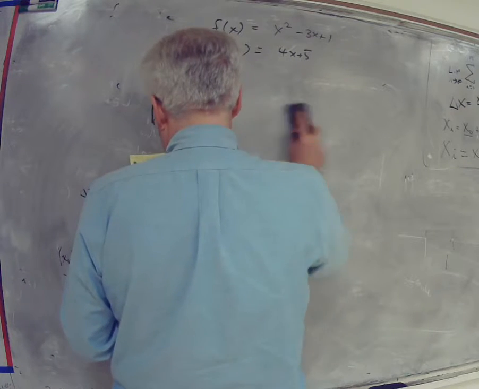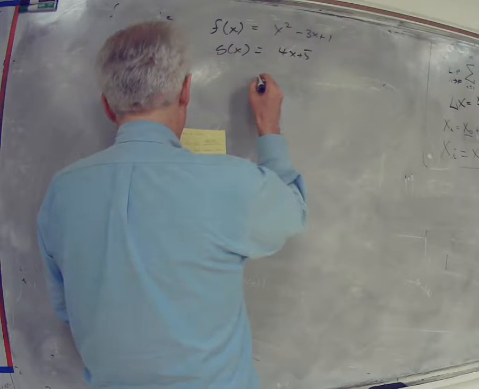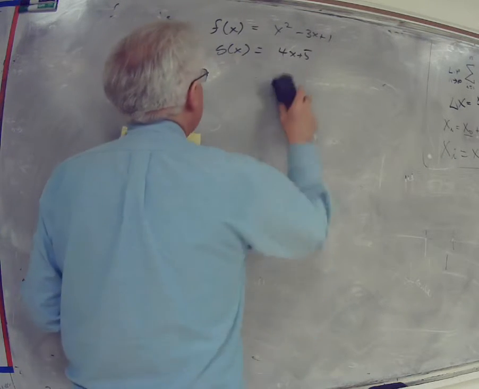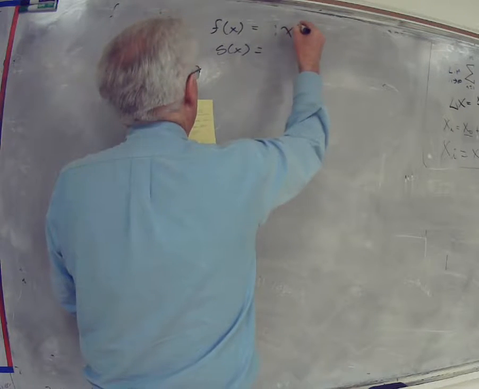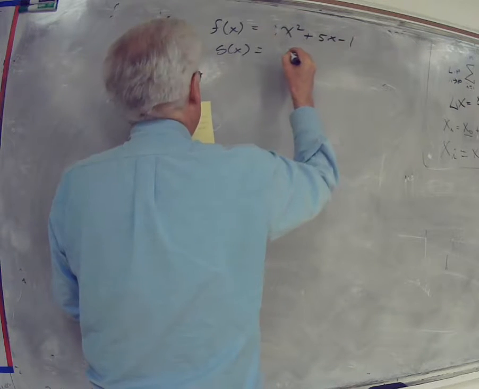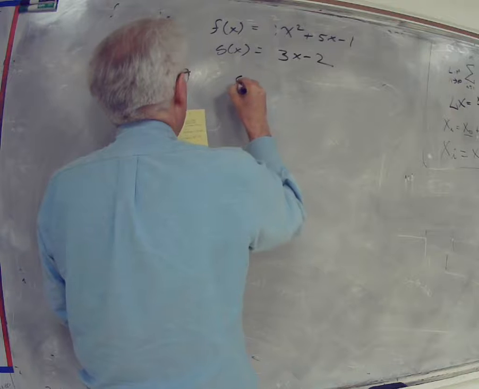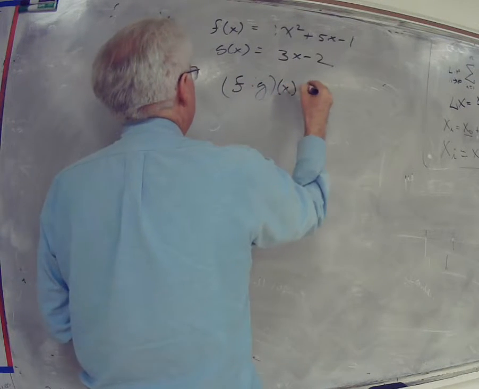Okay, what if I had, let me change these. Let's try something else. Let's say f of x is equal to x squared plus 5x minus 1, and g of x is 3x minus 2, and I want f times g of x.